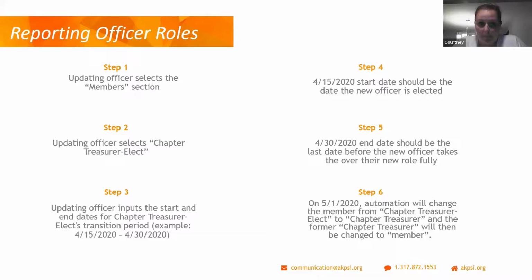So you're going to update. Oh, I'm sorry. Jason, you distracted me. Updating officer inputs, the start and end dates for chapter secretary. You're going to have the transition period, so see those dates. You're just going to list them.